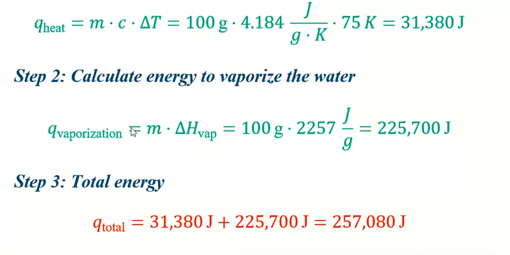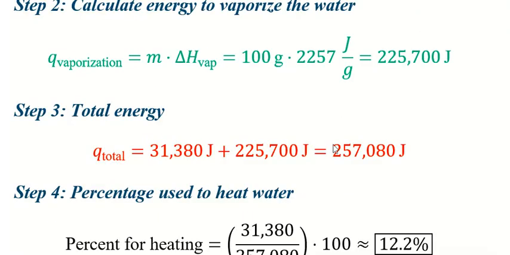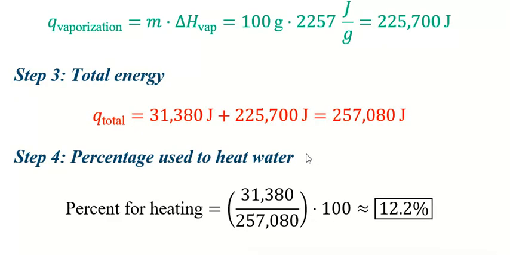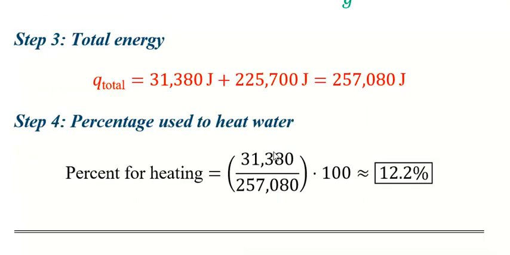Total energy of the first step and second step by addition: first step 31,380 joule plus second step energy to vaporize the water 225,700 joule will be equal to 257,080 joule. Now, what is the demand of the numerical?